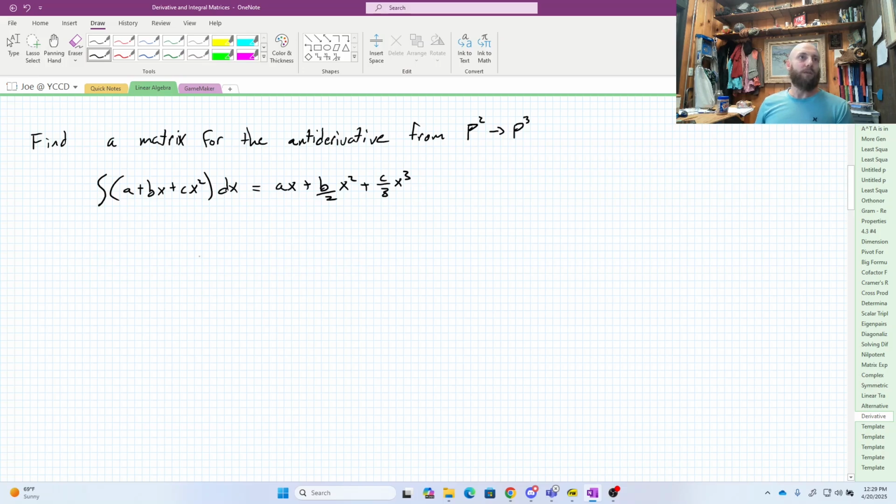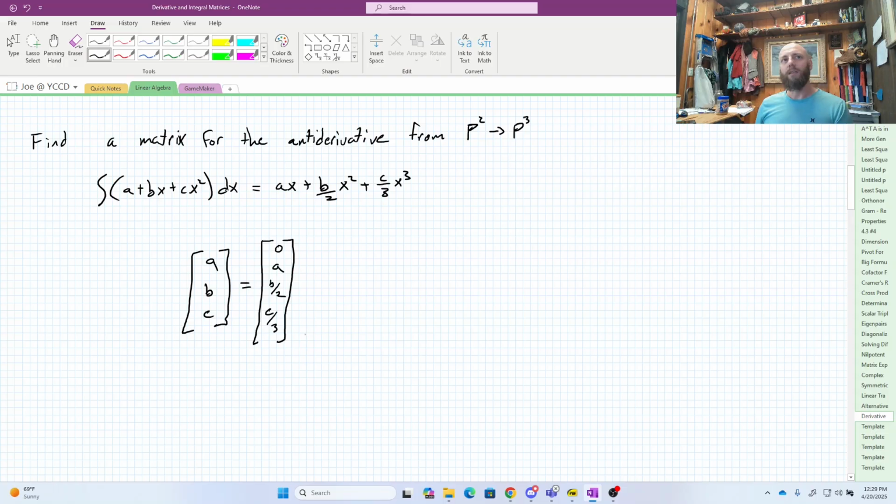So when I'm constructing my matrix, I'm going to be taking a vector a, b, c, and out of this I should be getting a four-dimensional vector, and my four-dimensional vector has a 0 in the first space, an a in the second space, b/2 in the third, and c/3 in the fourth. So I need to think about that over here.